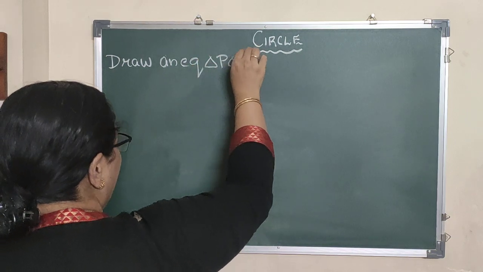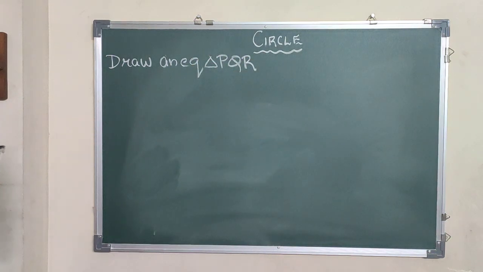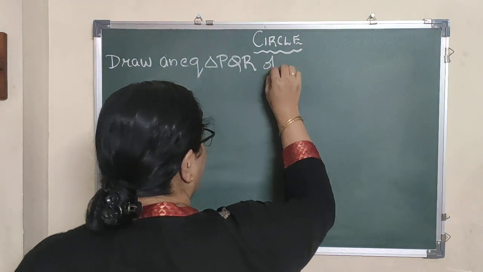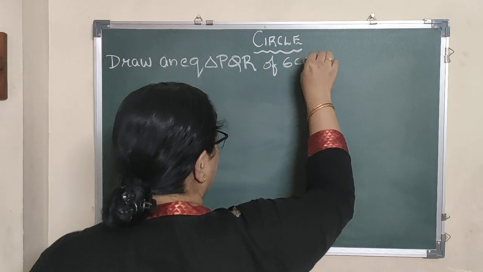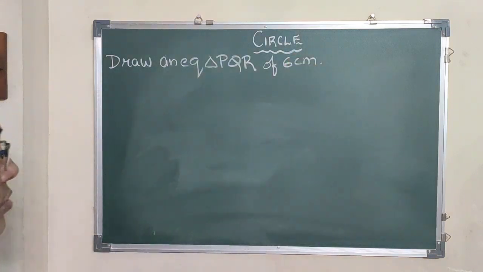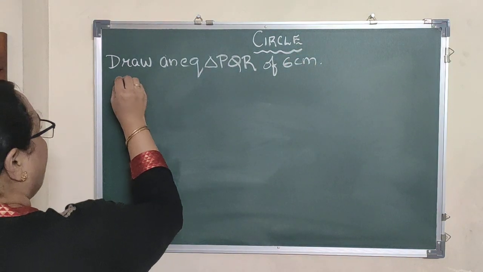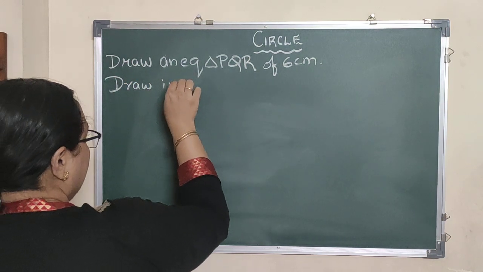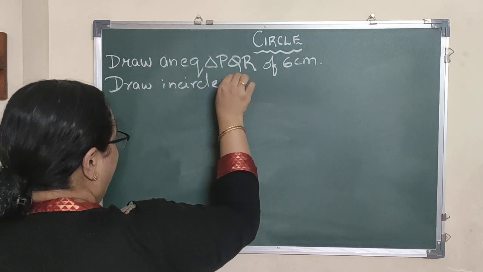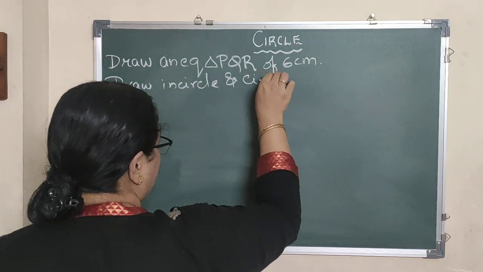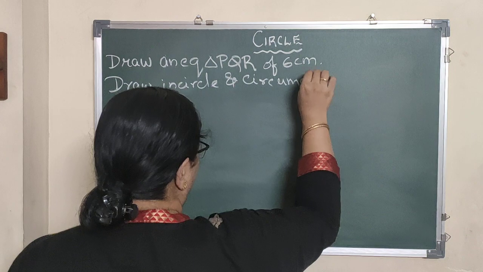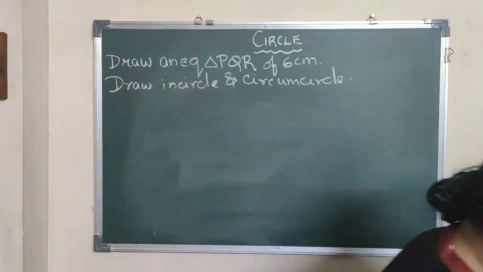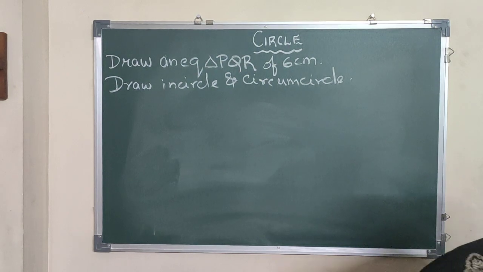When I say equilateral triangle, I am sure everyone is very happy to draw it, because an equilateral triangle is a very friendly triangle. And for this triangle, we are going to draw both the incircle and circumcircle.